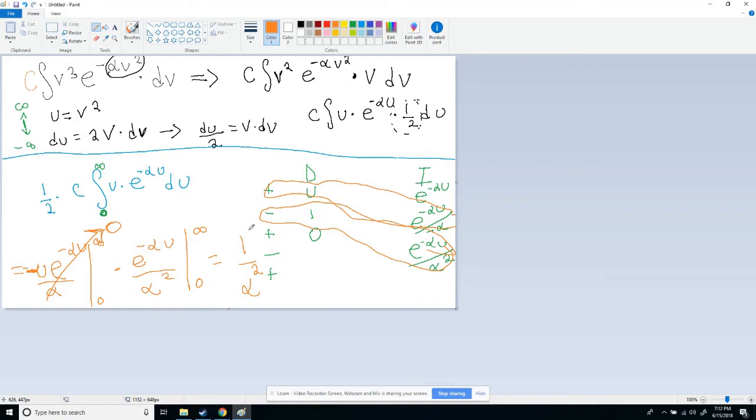So now we need to arrange these because this whole integral is equal to this, so we need to multiply it by the constant and by 1/2. And then also put back in for alpha.